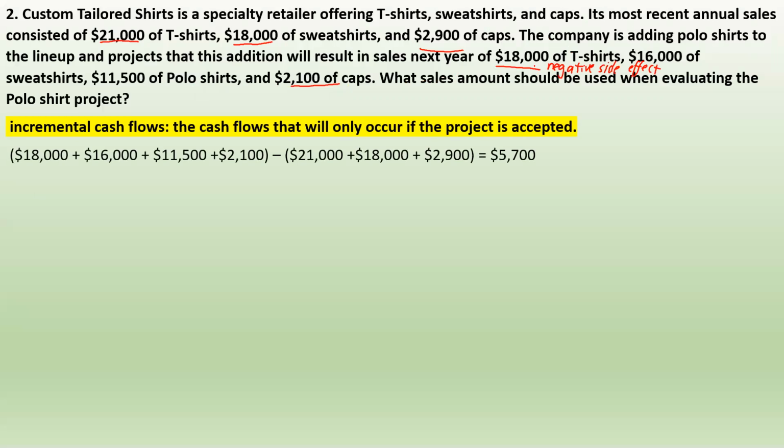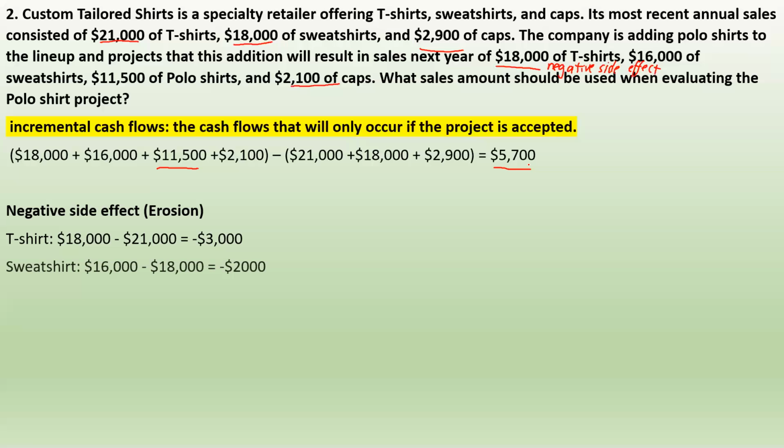So the total amount of cash flows brought by the polo shirt includes the cash inflows and the cash outflows, the negative side effect caused by the addition of this polo shirt project. So the total incremental cash flow for this polo shirt is 5,700. The negative side effect, we also call it erosion. For t-shirts, it's negative $3,000.